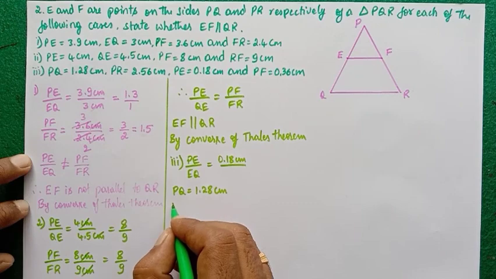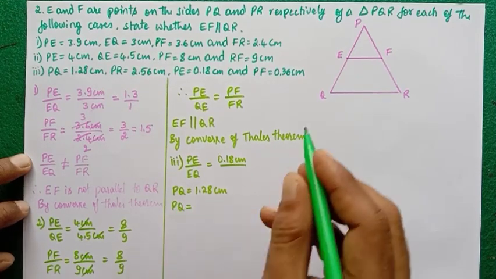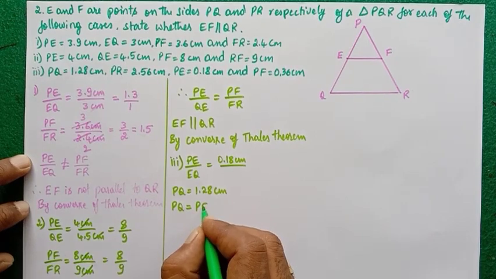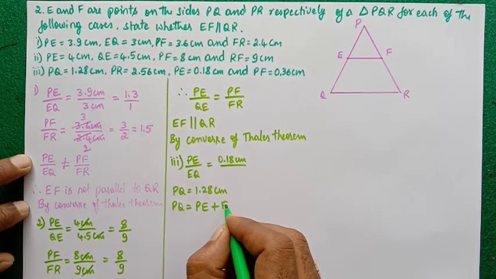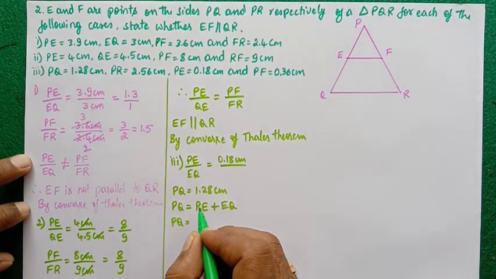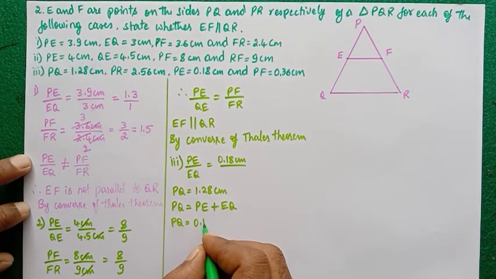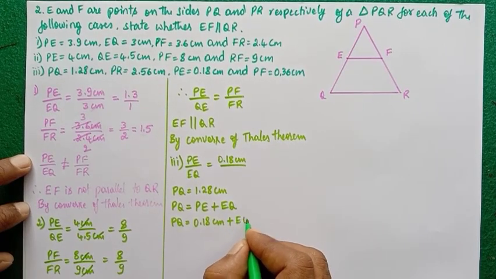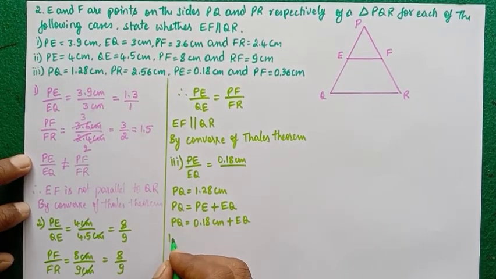How to calculate? PQ is the full line, so PQ is equal to PE plus EQ. So PQ is equal to PE, which is 0.18 centimeter, plus EQ. What is PQ? It is equal to 1.28 centimeter.